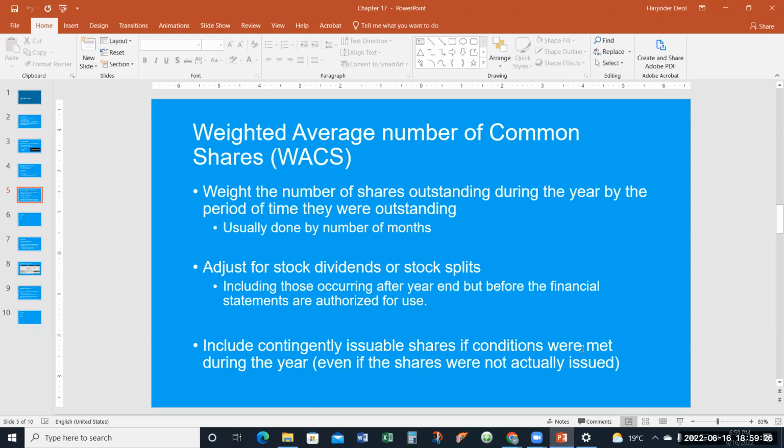So since the event occurred between that period, we will have to consider the impact of the stock split or the stock dividend and adjust the weighted average common shares. Calculate the EPS using the revised weighted average common shares. Okay, so that is one complicating factor to watch out for.